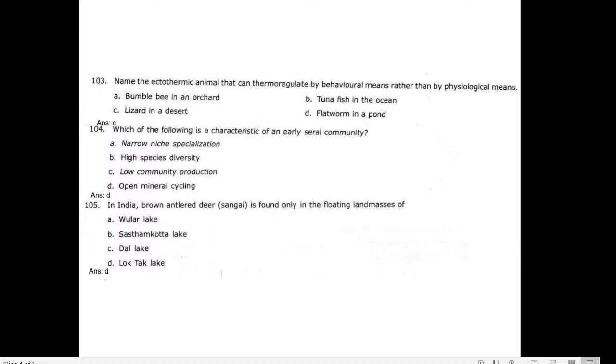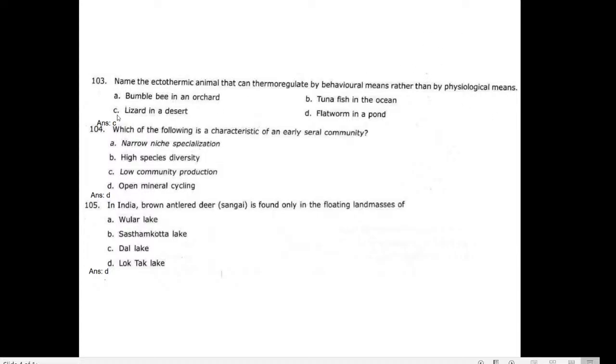But endothermic animals are able to produce heat in their own body.